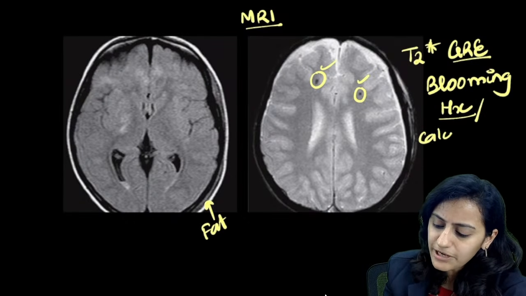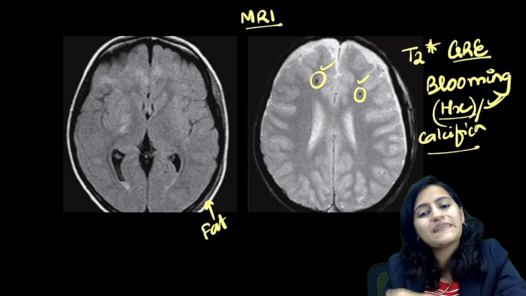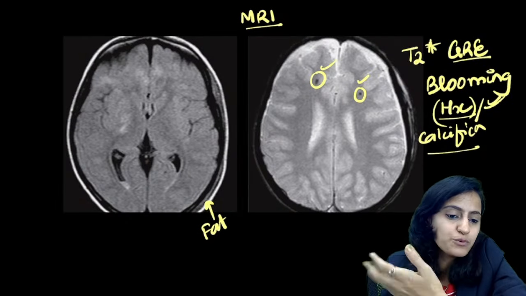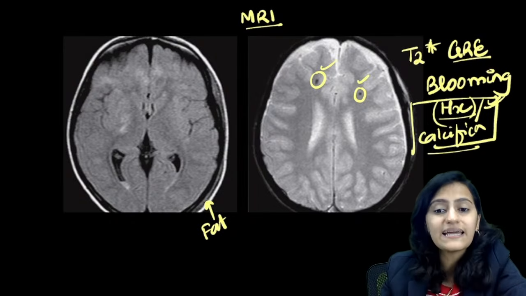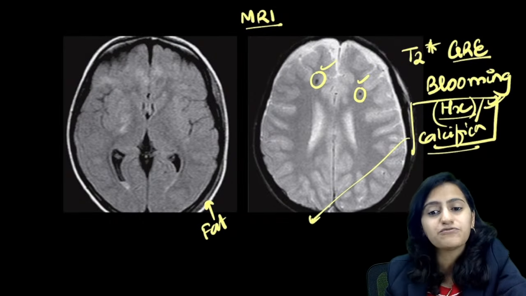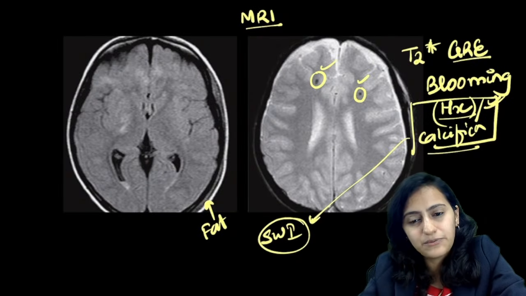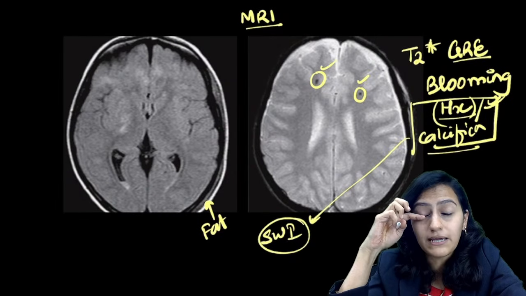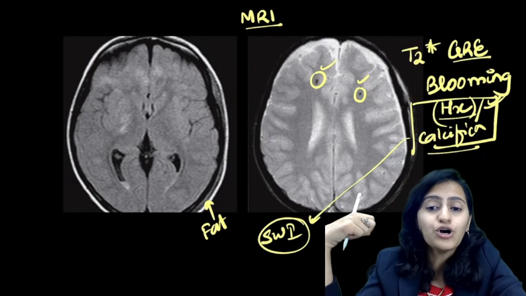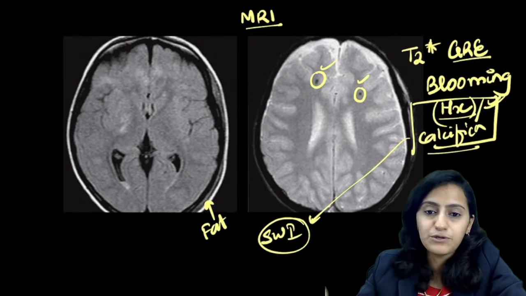These could also represent calcification. But in a patient of trauma, it is hemorrhage which we think about. The sequence that can help us differentiate hemorrhage from calcification is the SWI sequence. It can help us differentiate whether this blooming in GRE image is because of hemorrhage or calcification.